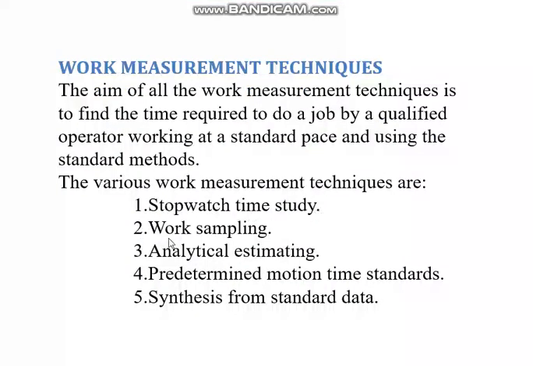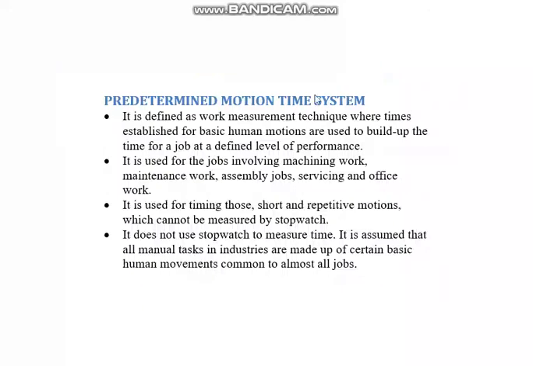Stopwatch time study was the first one, the 2nd was work sampling, and the 3rd was analytical estimating. Now the 4th one is PMTS, that is predetermined motion time standards. Now let us see this predetermined motion time system.